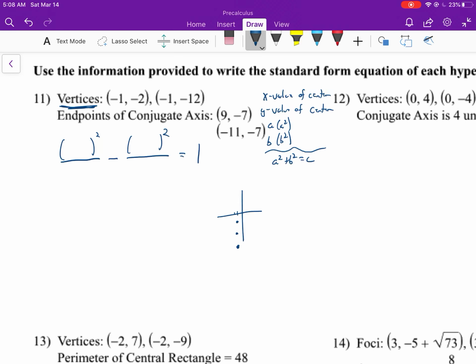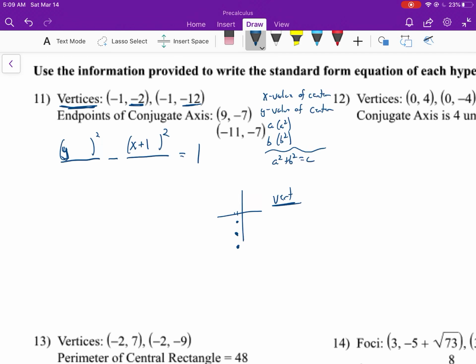It also tells us that this is a vertically facing hyperbola, which means the y value comes first, and then x will come second. So this center point, we know it has to be left 1, so we would put a +1 in here with the x. And we also think what's halfway between -2 and -12, which is -7.